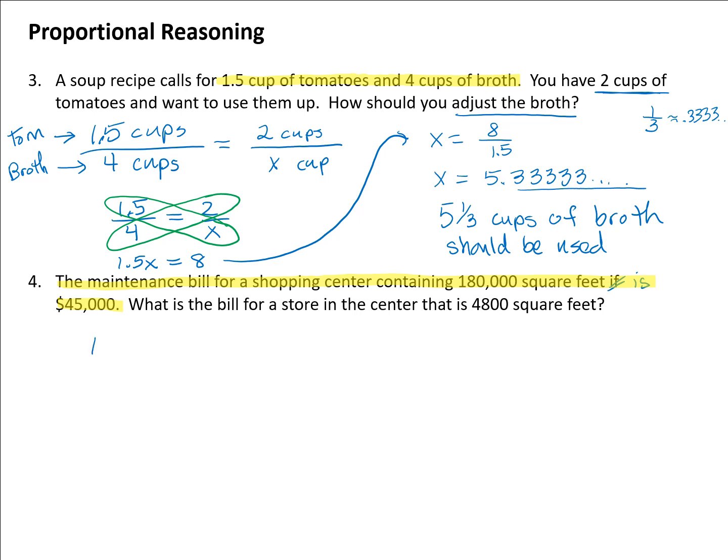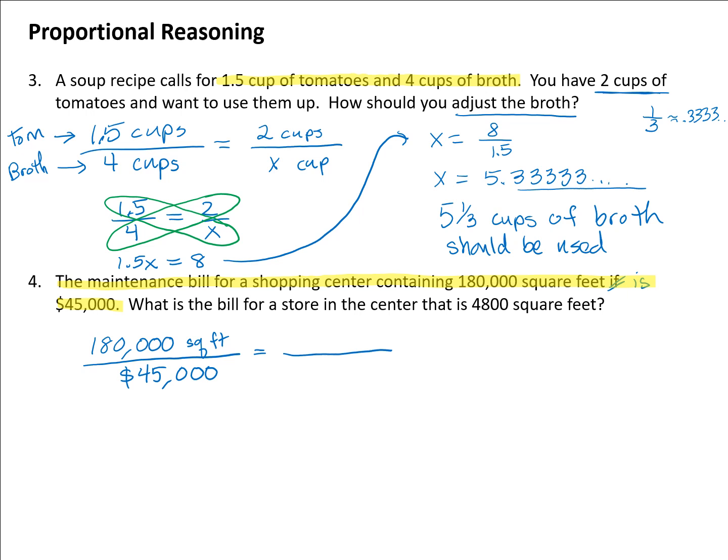So 180,000 square feet divided by $45,000. And because we want this to be proportional, we're going to set this up so that it is equal to the new ratio. We're going to force it to be equal to the new ratio related to this single store.